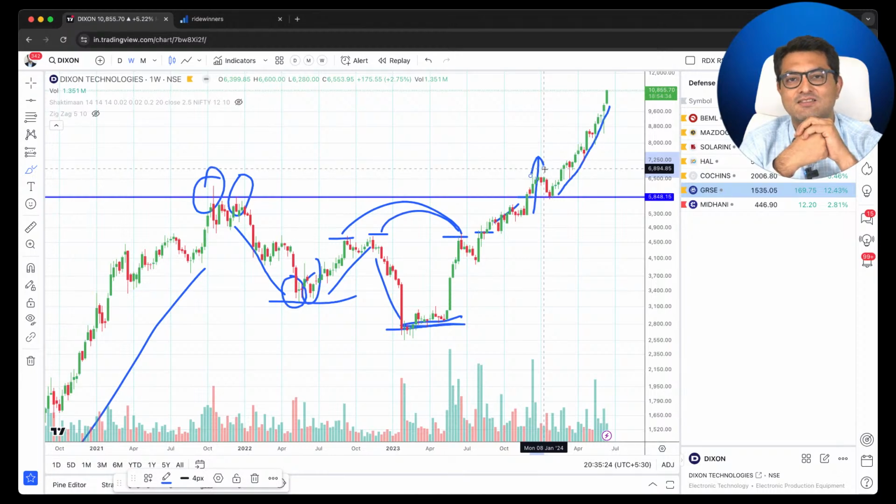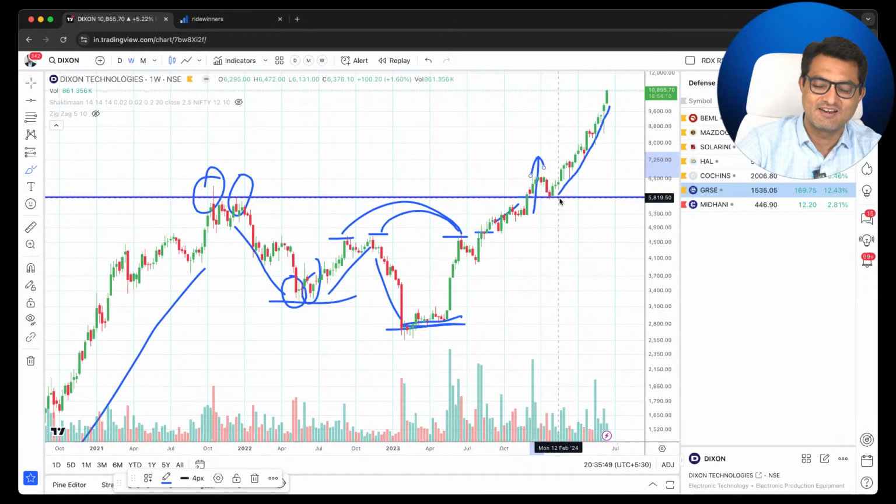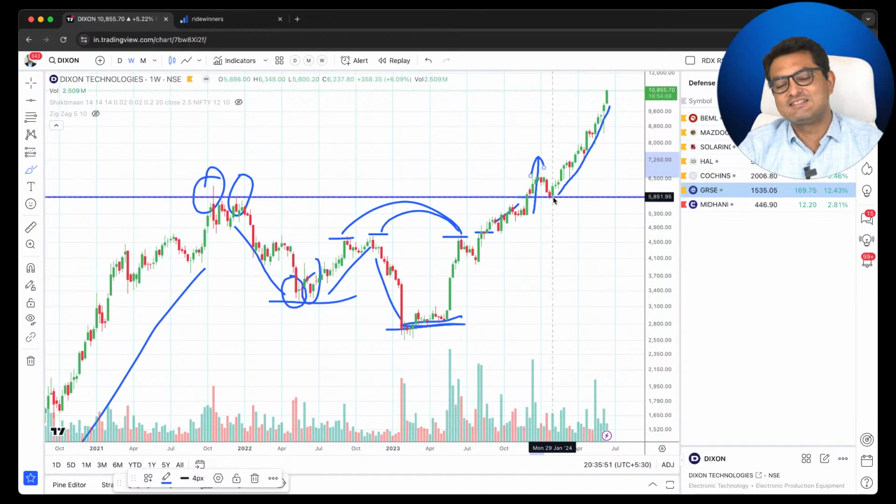Like Dharmendra and Hema Malini, when they were fighting initially, she was like a resistance. Whatever Dharmendra was doing, she was opposing it. But once she fell in love with Dharmendra, she became a support and even stood up for him in front of Gabbar. So that is how it works. It's a change in polarity. Now resistance has become our friend because the price has already crossed it, and now it has become support.